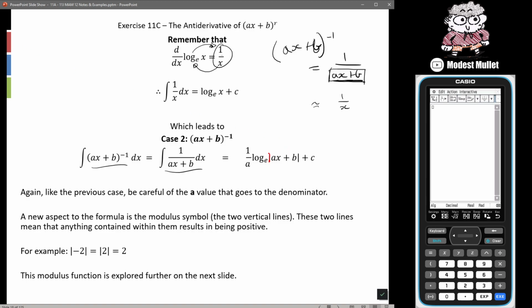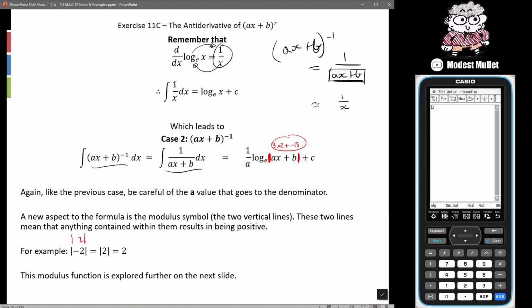But we don't have brackets, we have these straight lines, and these are called modulus or absolute value. Anything inside, once you solve it, like this could have been 3 times 2 plus negative 15, once you solve this and get a number, the modulus sign means whatever's there has to be converted to a positive value.